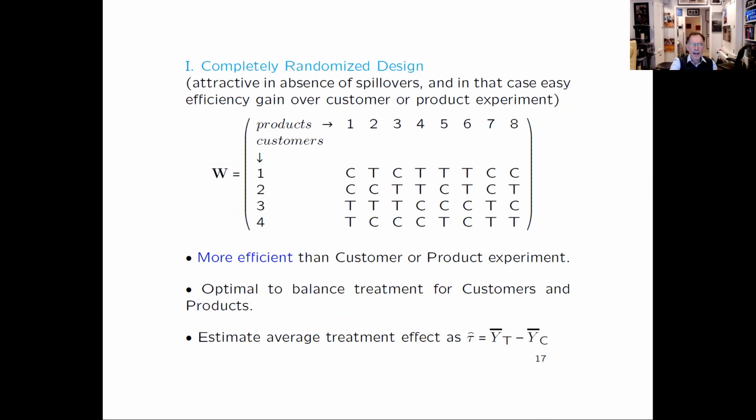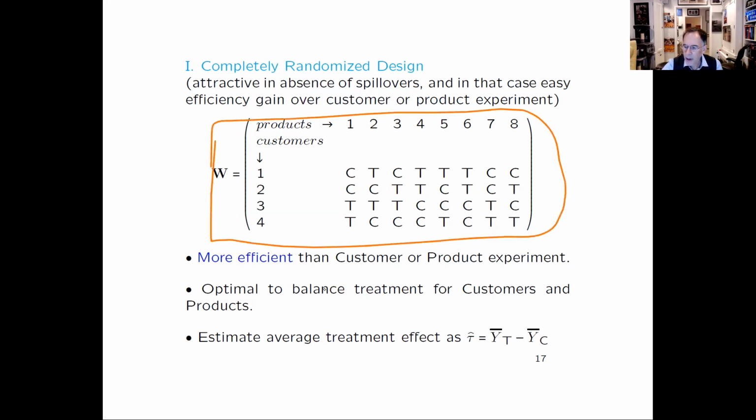In that case, a very sensible design is one where we randomize within the products and within the customers. And so we ensure that every product is balanced in terms of its treatment, and every customer is balanced with regards to its treatment.